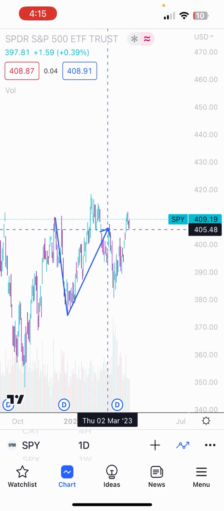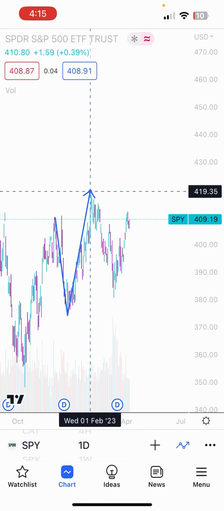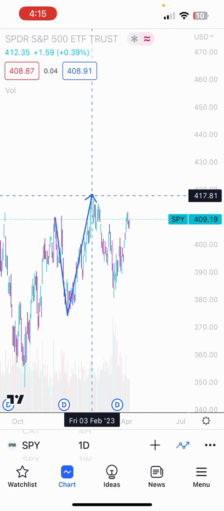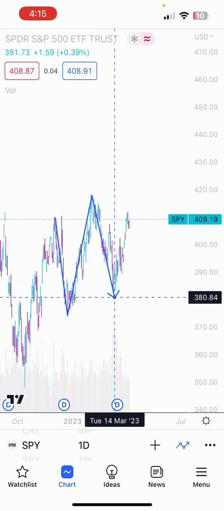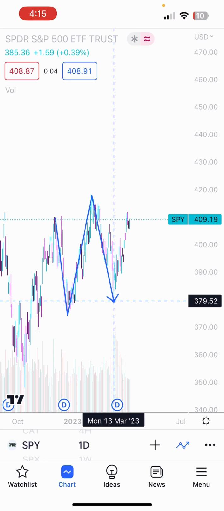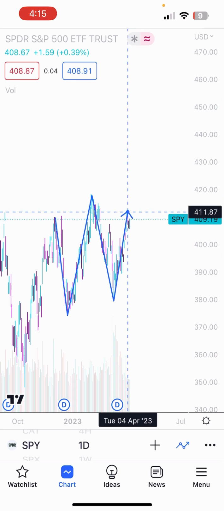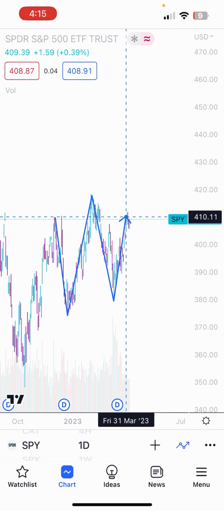Then it comes up, but it comes up higher than the previous high, right? It goes back down in the range of the last low, right? And now it came back up just as the last time, right?